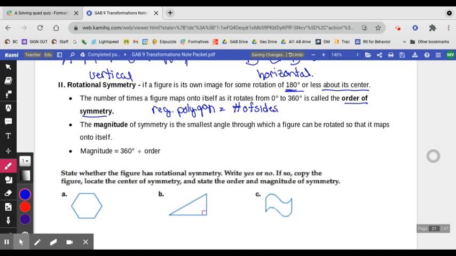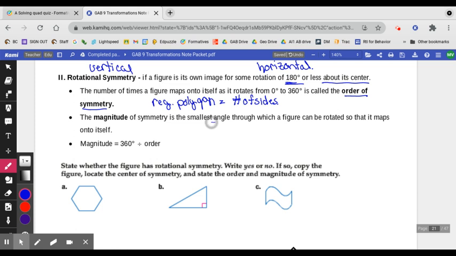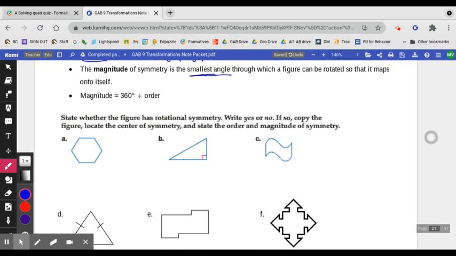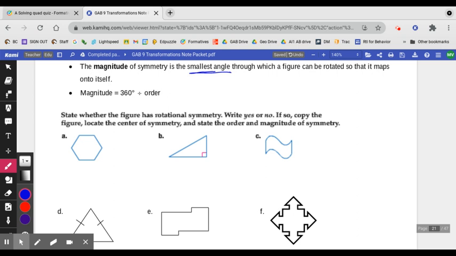The magnitude of the symmetry is the smallest angle through which a figure can be rotated so that it maps onto itself. So our magnitude is 360 divided by the order. So state whether the figure has rotational symmetry. If yes, copy the figure, locate the center of the symmetry, and state the order and magnitude.